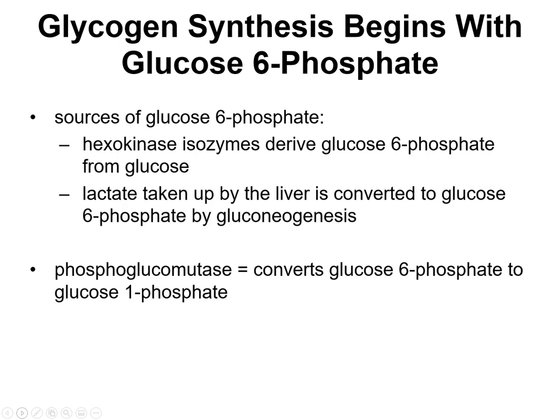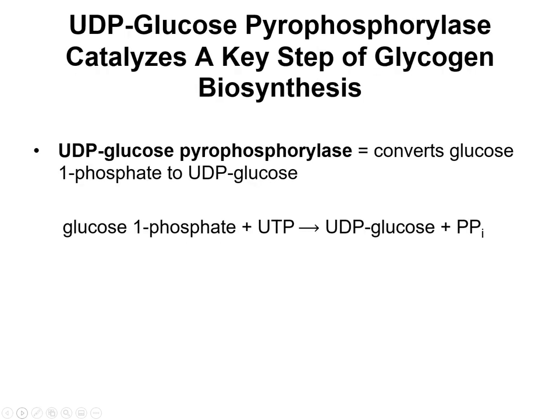You can also have the phosphoglucomutase that we talked about, that converts glucose 6-phosphate to glucose 1-phosphate. Well, it can do the reverse, right? It's reversible. So you can take the glucose 1-phosphate from glycogen and convert it to glucose 6-phosphate. One of the key steps is the UDP glucose pyrophosphorylase. It takes glucose 1-phosphate and converts it to UDP glucose.